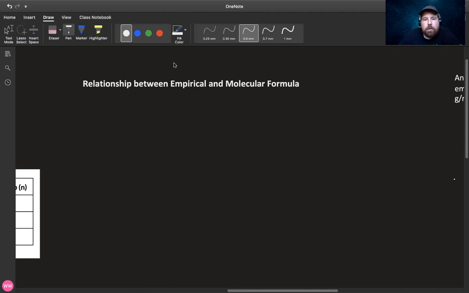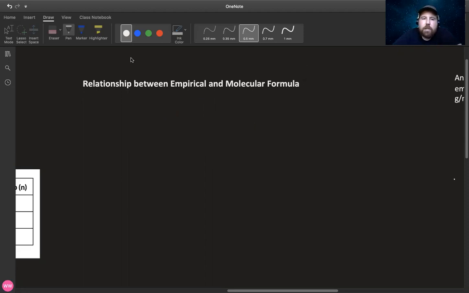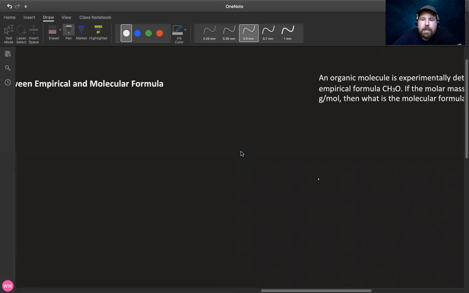The molar mass of the molecular formula, so of the larger one, is going to equal the molar mass of the empirical formula times that whole number. Once again, this is a really good equation for us to have. It's unofficial and isn't on the AP chemistry reference sheet. So with that being said, let's go ahead and practice this out.